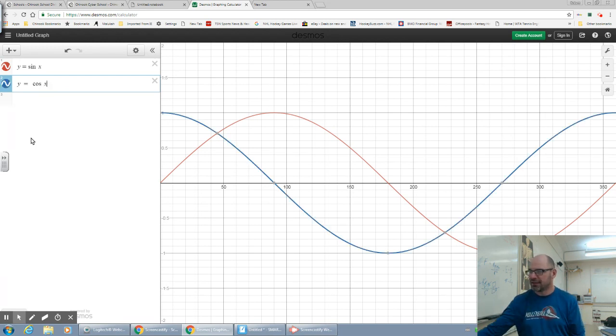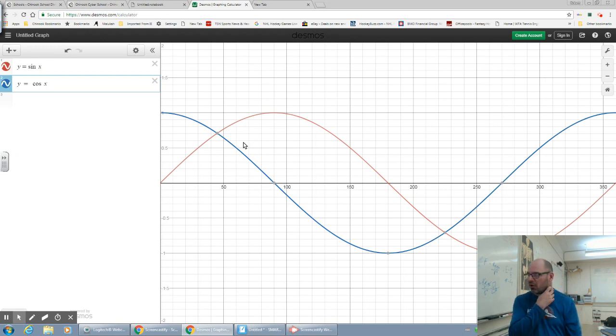You can see that it starts at 1, and at 90 degrees it goes to 0 because there'd be no x component with the vector going straight up and down. At 180 degrees, it's -1 because it's laying backwards. At 270, it's going straight down, so it's 0. No x component, just the y component. And up here. So there are your basic forms of the sine and cosine graph.